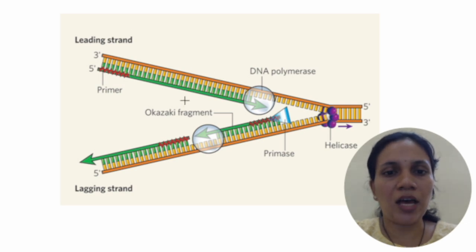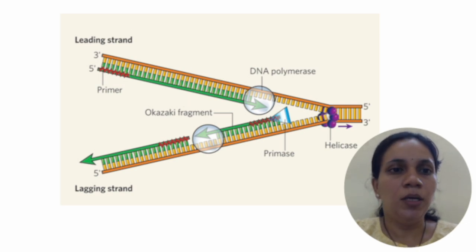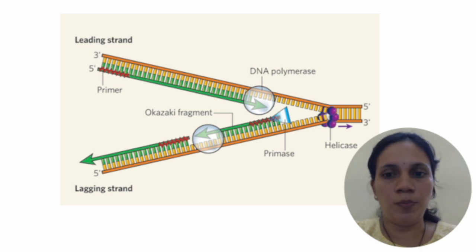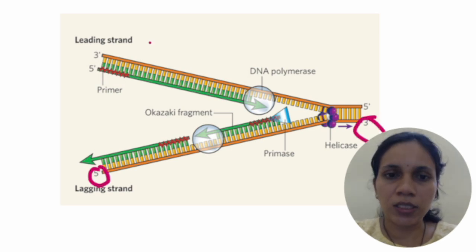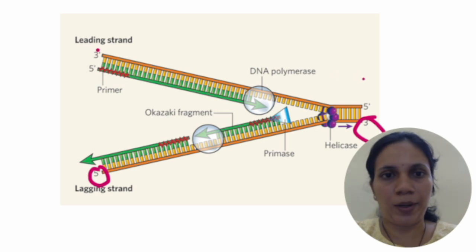One has the 5 prime 3 prime polarity, and the second one has the 3 prime 5 prime polarity, right? So here this is the 5 prime 3 prime polarity, and the opposite has the 3 prime 5 prime.